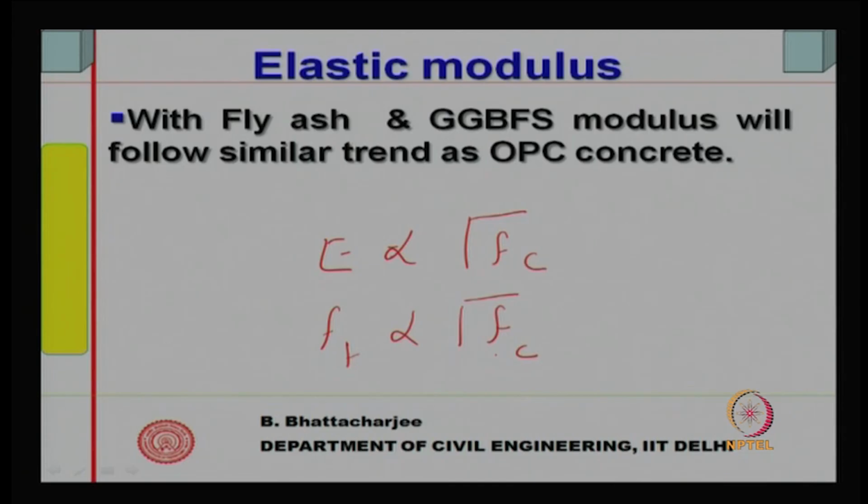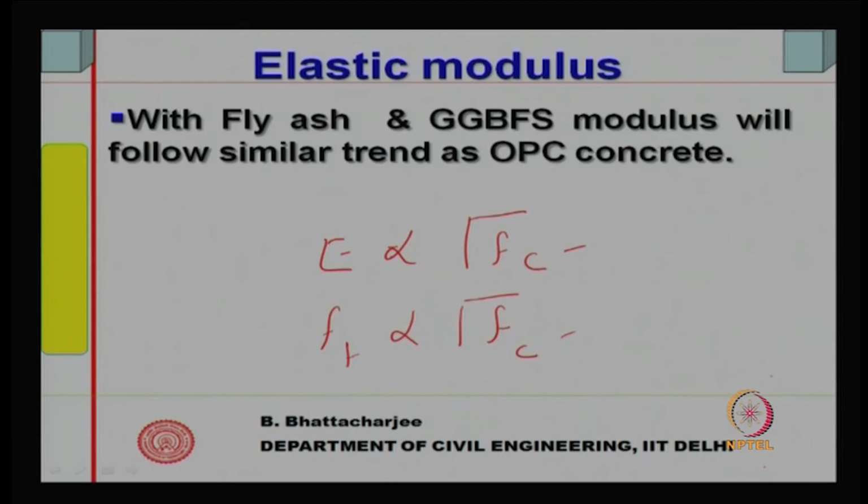And these types of relationships are still valid in the case of fly ash concrete as well. Modulus of elasticity shows almost similar behavior. So, with fly ash and GGBFS, modulus of elasticity will follow a similar trend as OPC concrete, because there is no reason why it should change.